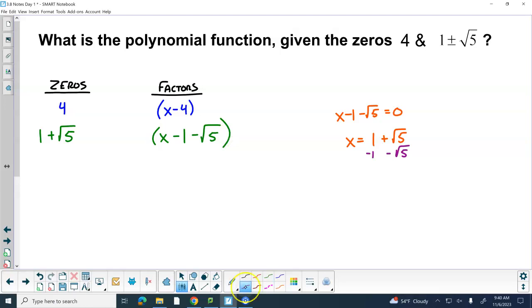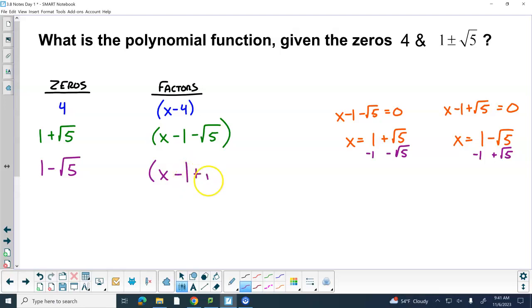My other factor is for the zero 1 minus the square root of 5. So here now I'd have to subtract 1, but add the square root of 5. So that would be x minus 1 plus the square root of 5.